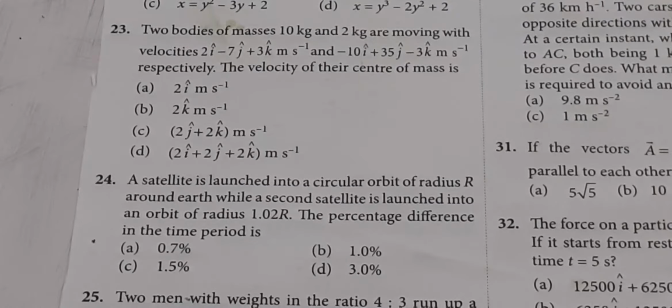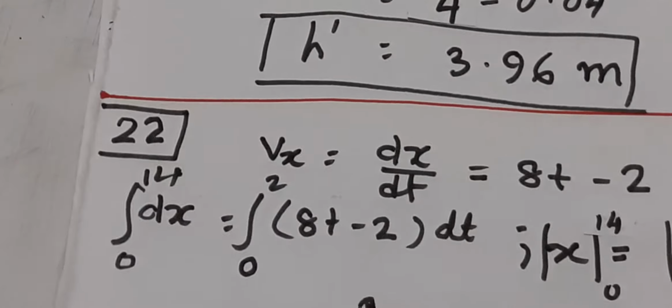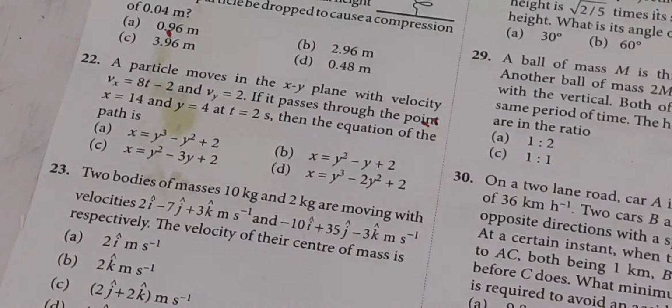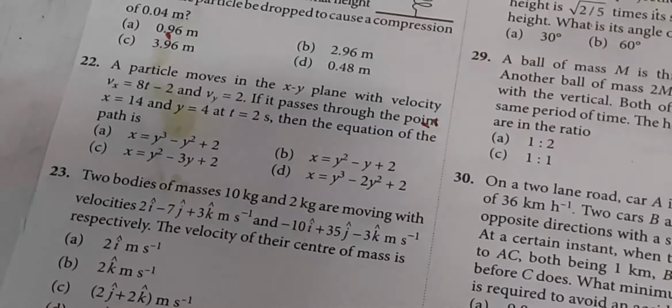The velocity of the center of mass is asked. For the center of mass we know the equation: xcm equal to (m1 x1 plus m2 x2) divided by (m1 plus m2).